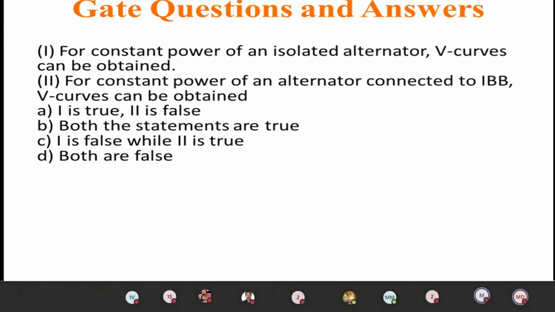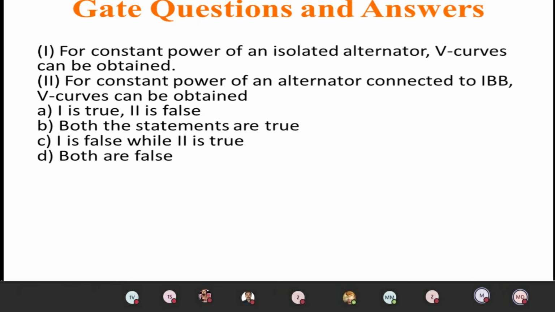Then another one, comparative questions. For constant power of an isolated alternator, a V curve can be obtained. For a constant power of an alternator connected to an infinite bus bar, a V curve can be obtained.